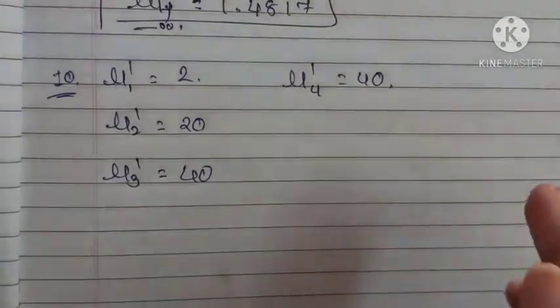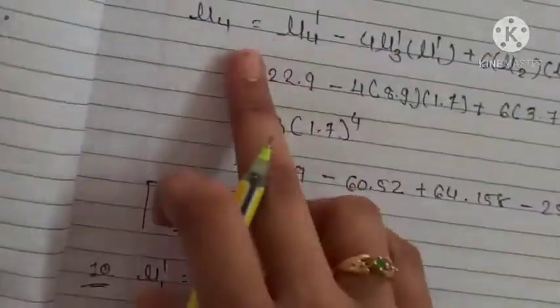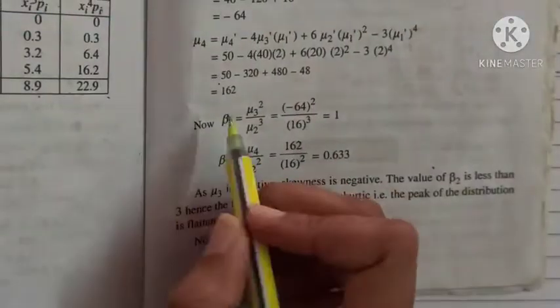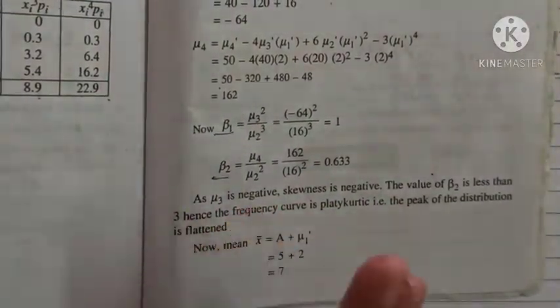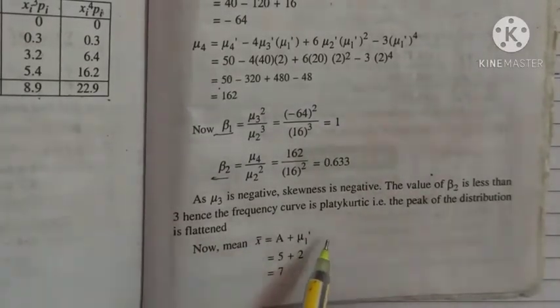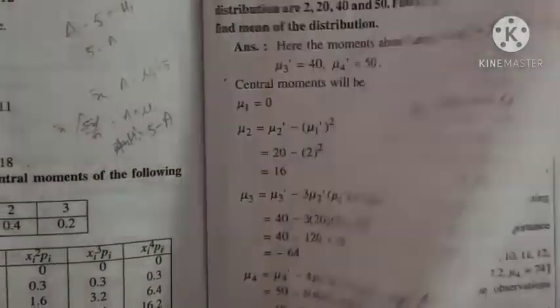For that we require the central moments. Using these formulas we can find the central moments, and using those we can find beta 1 and beta 2, and we also have to find the mean. As we know, x bar is equal to a plus mu 1 dash, so we can find the mean also. So this is what you have to do.